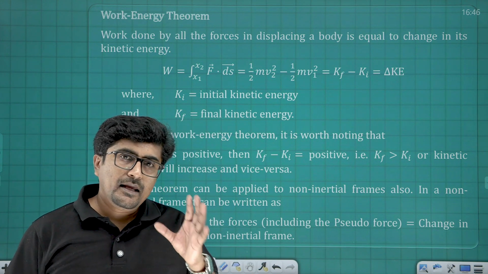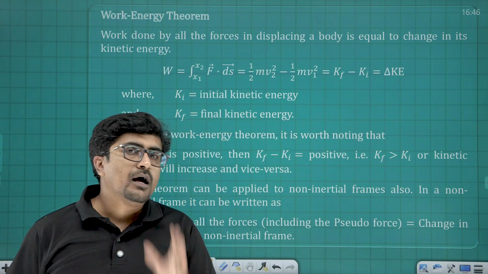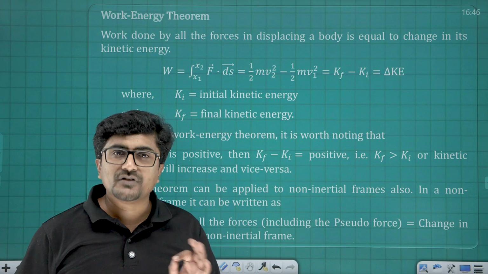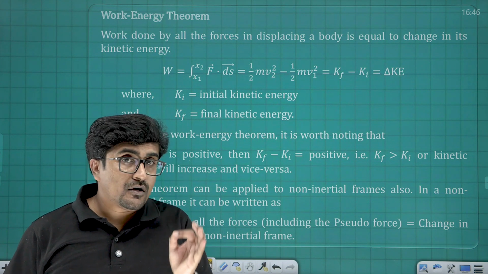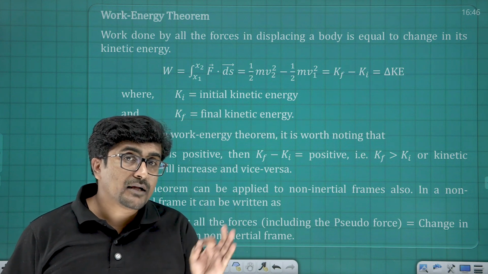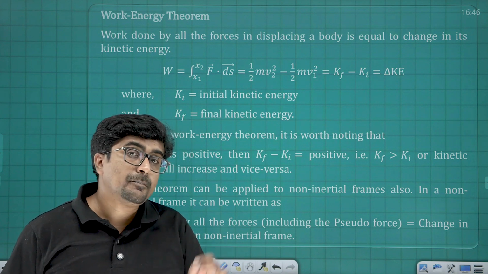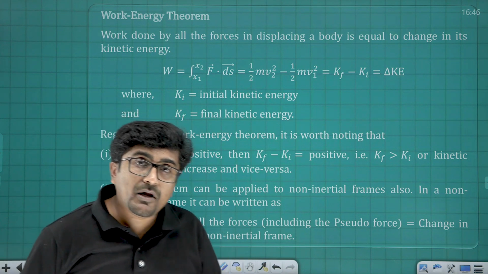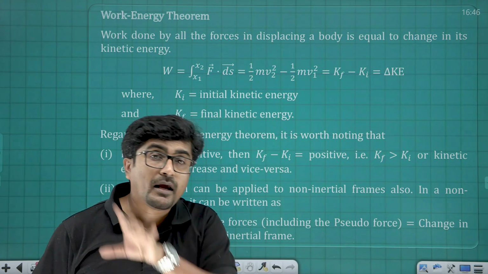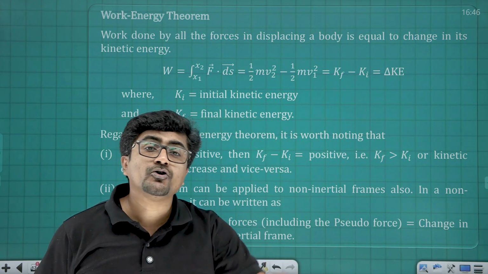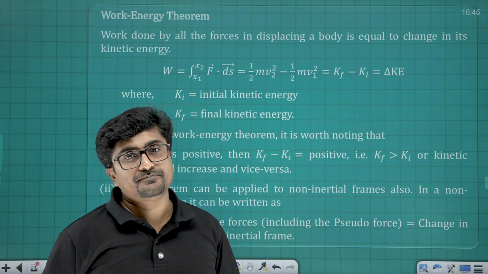Okay, then if I consider delta K as the change in kinetic energy of the system, then work done by force F1, let it be W1, work done by the force F2, let it be W2, and work done by the force F3, let it be W3. Then W1 plus W2 plus W3, that means the total work done by all the 3 forces, is going to be equal to the change in kinetic energy. That is work energy theorem.